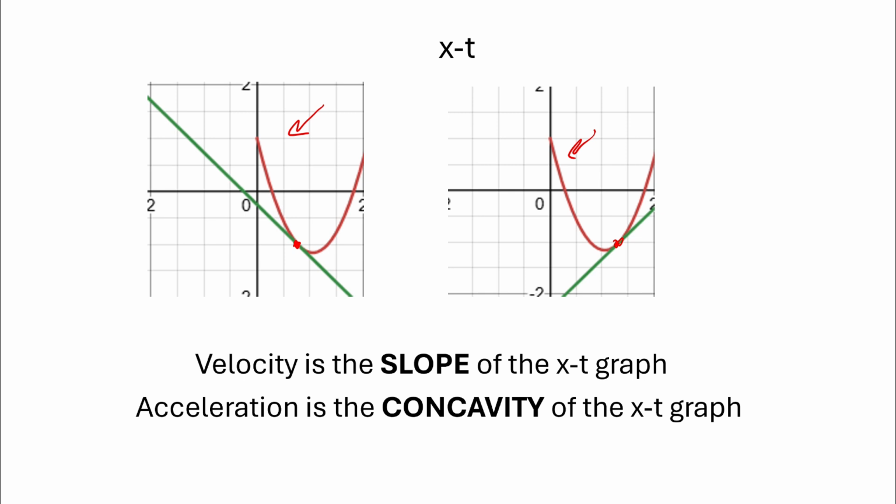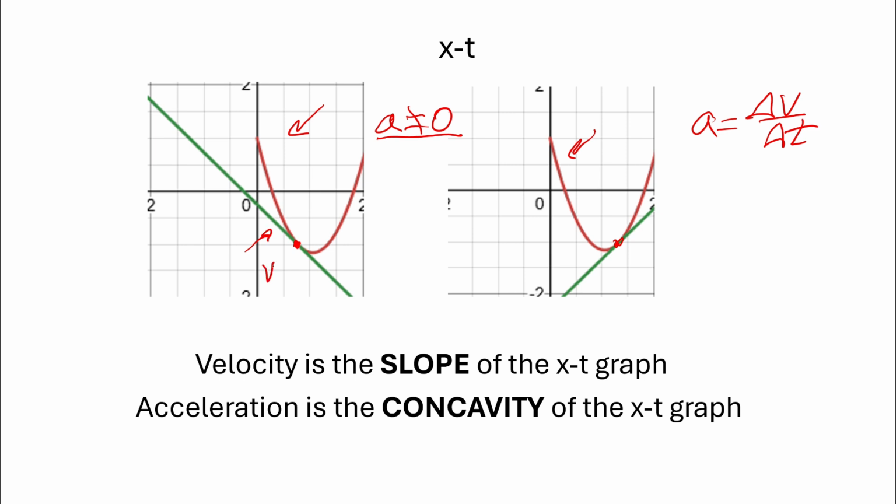So here we have a not equal 0. The acceleration is a set of instructions that tells the slope how to change. Of course, another way to say this is a tells the velocity how to change, but velocity and slope are the same thing.